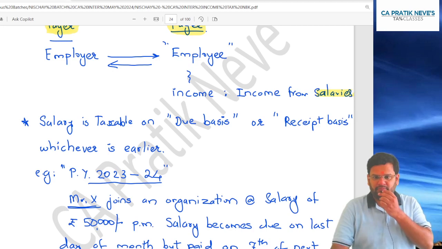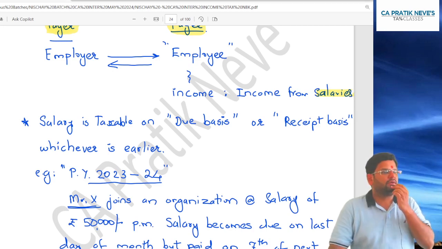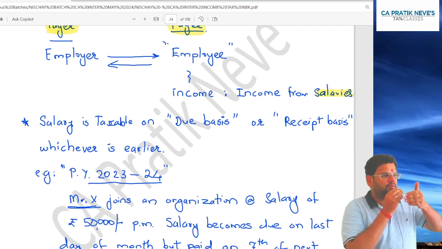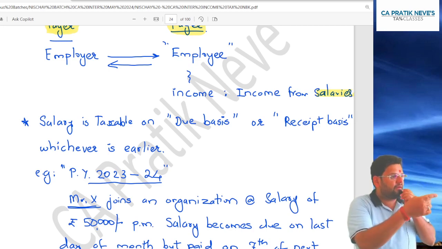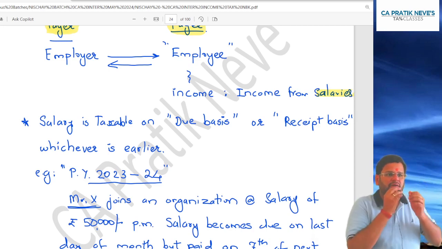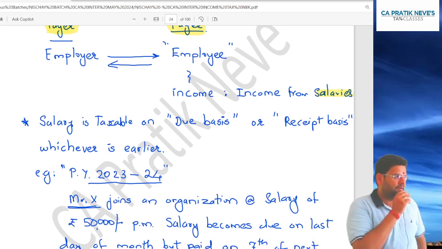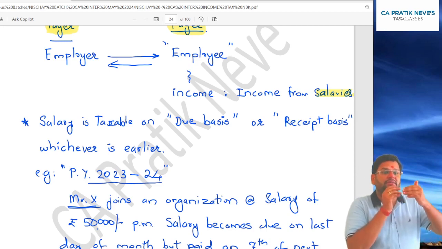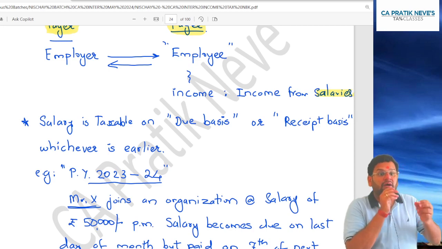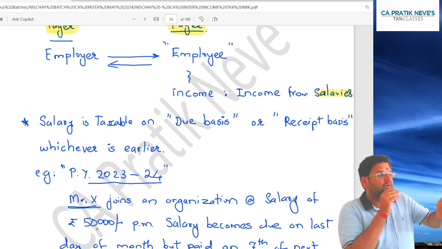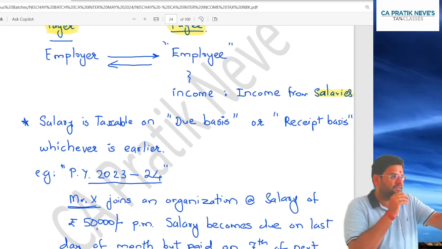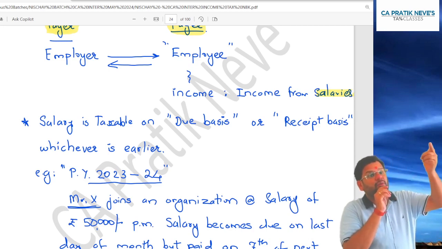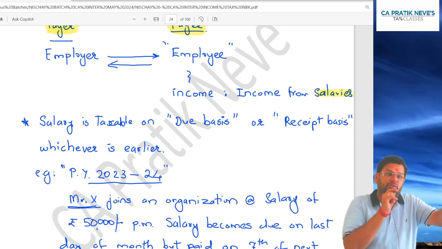Understood the point? So mostly salary which gets due in April will be paid in May, which gets due in May will be paid in June. This way, if I have joined my company on 1st April 23 and I continue with my job, how many salaries will I actually receive in the financial year 23-24? 11 salaries, because April's I will receive in May, May's in June, and going ahead, March 2024 salary I will receive in April 2024.